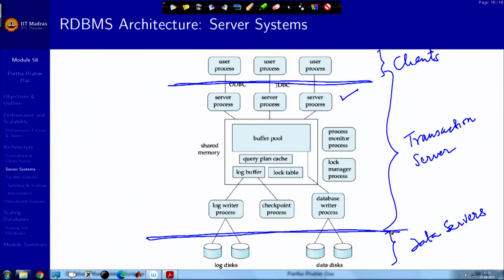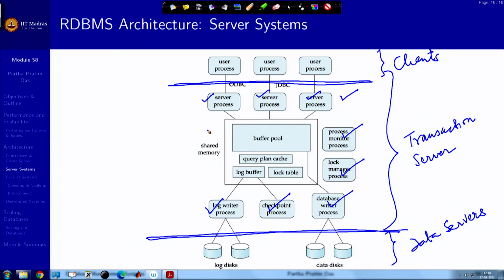Now, in the transaction server you have process monitoring, that is what all is going on, log managers we have talked about. We have talked about checkpointing, log writing, database writing. So, all these different processes will run concurrently on the transaction servers to manage the server processes that have been initiated by the client.